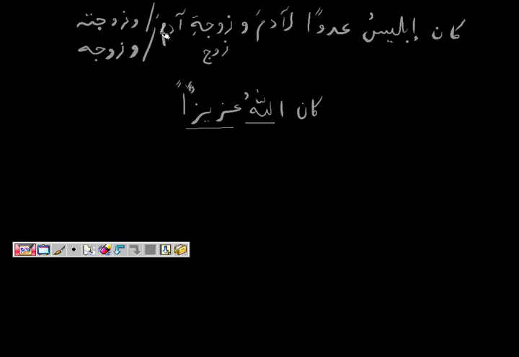Next sentence. Zoj literally means spouse, but soon after the Quran, not just in modern Arabic, in the newspapers today, but even in books written in Islamic history, generally zoj will be used for husband, zoja will be used for wife. And zoj is no longer used in the sense of spouse.